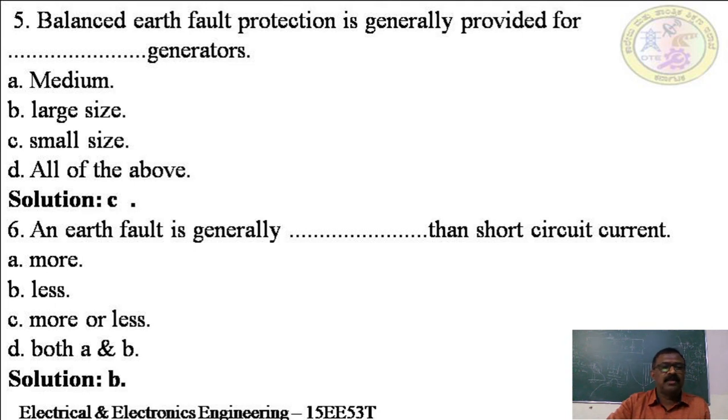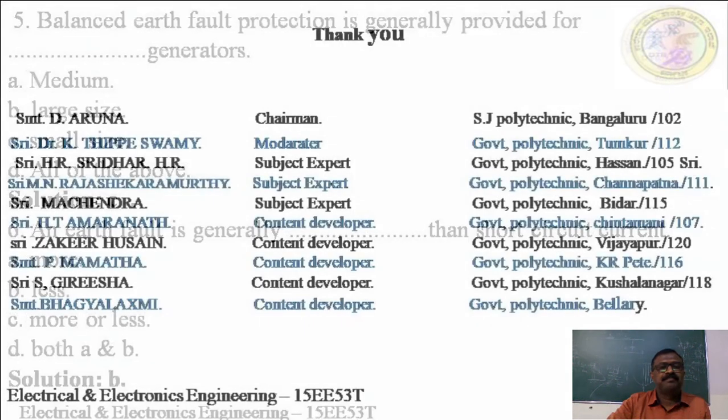So hence the earth fault is always less than the short circuit current, and the solution for this is B.